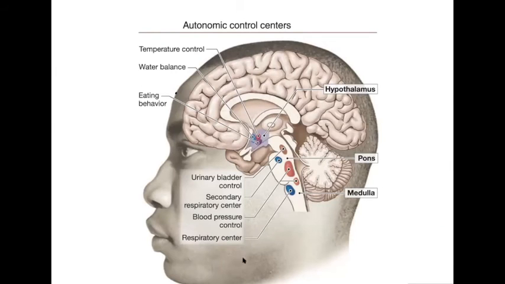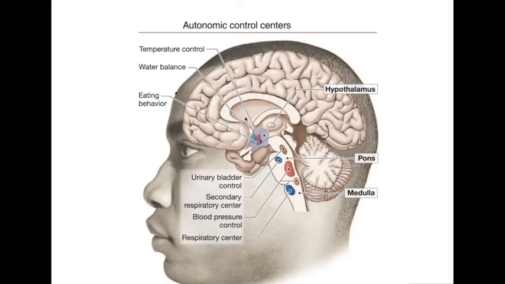So some of these reflexes might be in the hypothalamus, which we'll talk about, but a lot of them, interfacing with the hypothalamus, are right here in the brainstem. So that would be the urinary bladder control. You'd also have things like blood pressure control and respiratory centers, which we'll get into in a little more detail today.